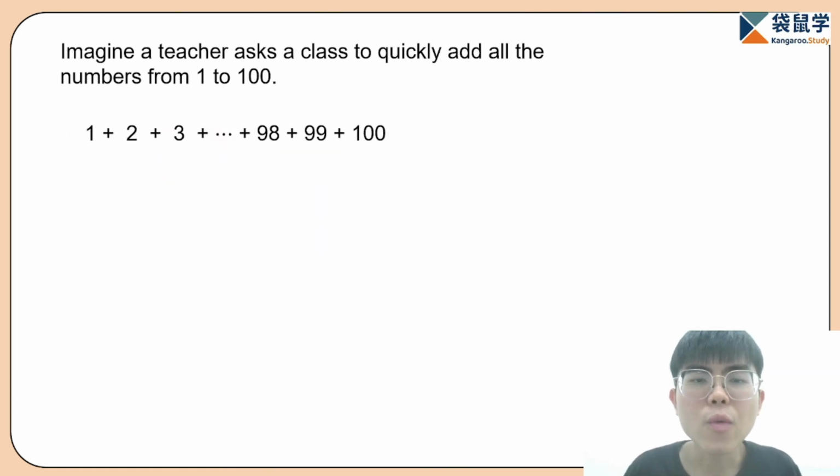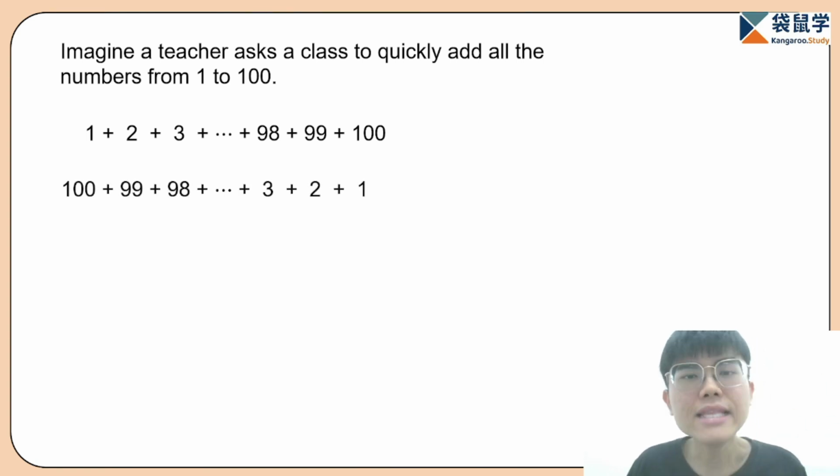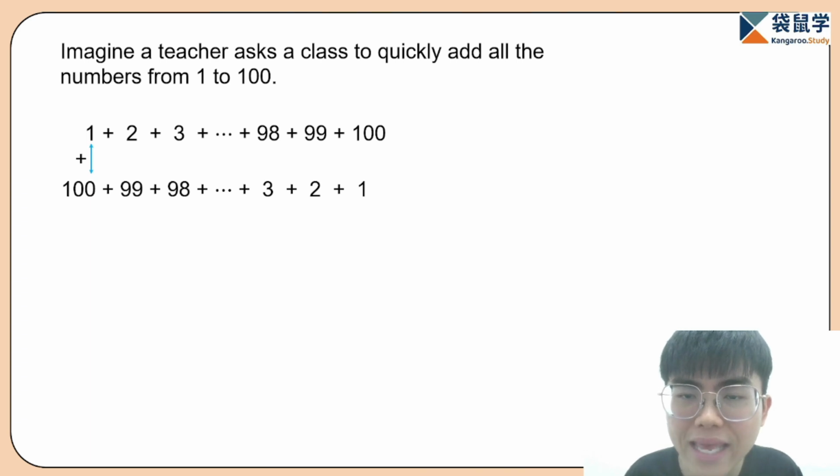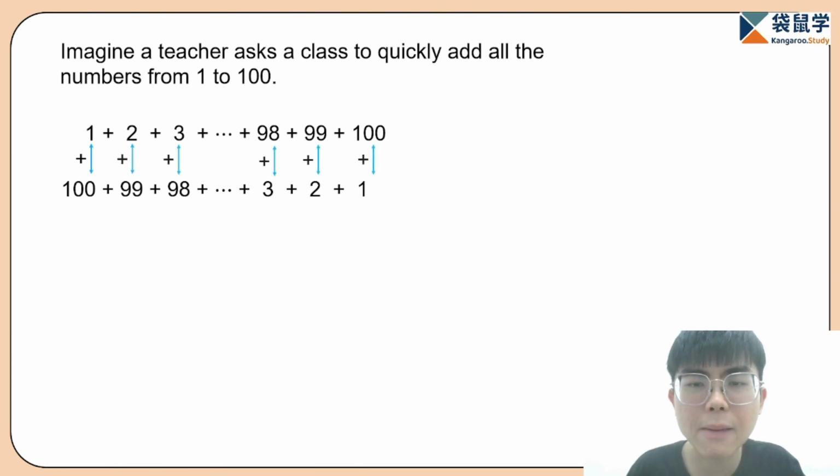So now again, we want to add 1 until 100. What if I write the calculation backward? Now you can see that the first number that we write normally and the first number that we write backward sum to 101. And in fact, all the subsequent numbers, when we sum them up, we will also get 101.